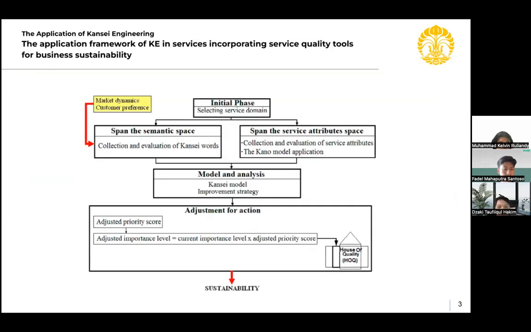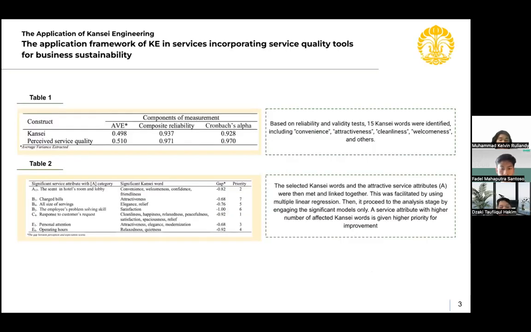Here is an illustration of the phases in the study that I mentioned before. Next. And then several tables describe further the application framework of KE in services incorporating service quality tools for business sustainability.